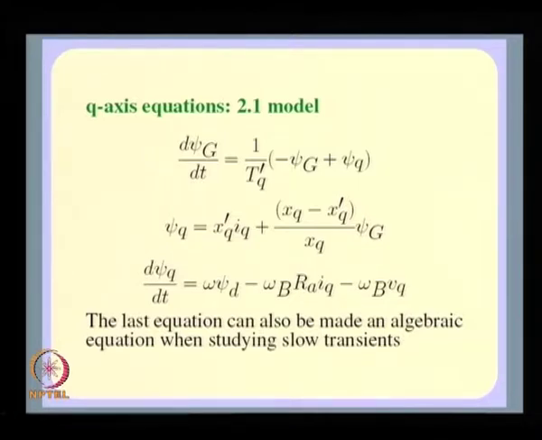Now, one of the things which I should mention at this point is that the 2.1 model which I just discussed is found to be adequate in the sense that it can represent the transients which occur in hydro turbine driven synchronous generators.